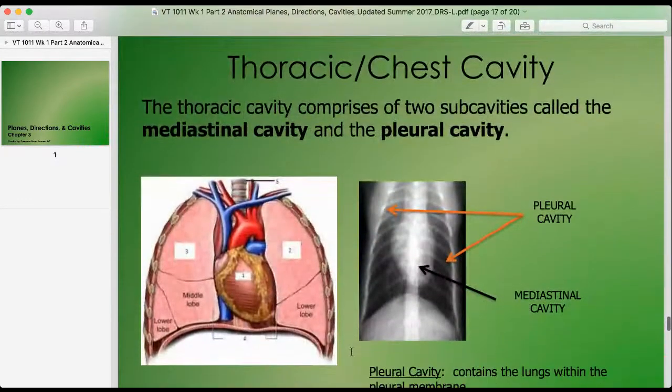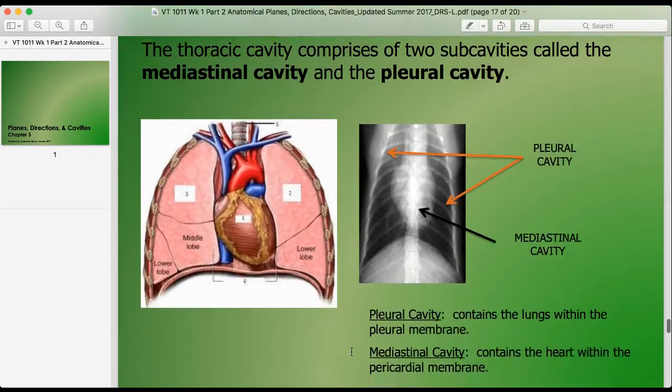Looking at our thoracic or chest cavity, it comprises two subcavities again. We have the mediastinal cavity and the pleural. The mediastinal, median, right in the middle, contains basically our heart and the major vessels, and the pleural cavity surrounds it with the lungs.